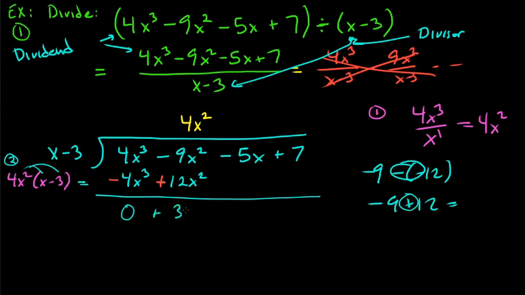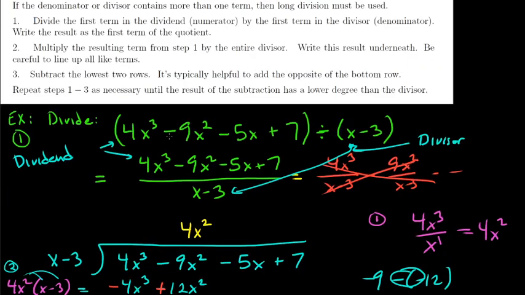Plus 3x squared. Then negative 5x plus 0 is still negative 5x, and 7 plus 0 is still 7. Of course, we don't need the 0 in front. There's nothing wrong with it, but it's not necessary. So that's step 3, going back up here.